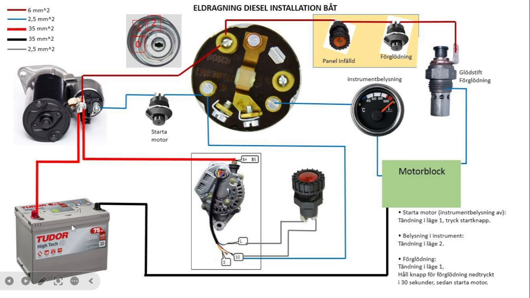For better understanding, here is the battery, and this negative terminal is connected to the motor block. In the motor block they have mentioned starter motor. Then we'll try to understand what they have connected over here.